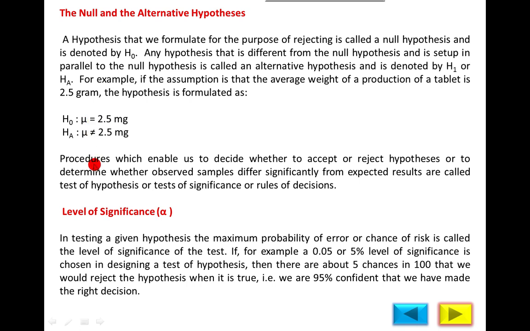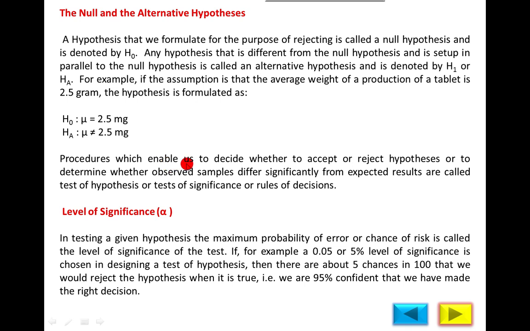These are the procedures of the testing of hypothesis. This is the first and second step of the testing of hypothesis. In this we will use 6 steps. I will define them under the next heading.